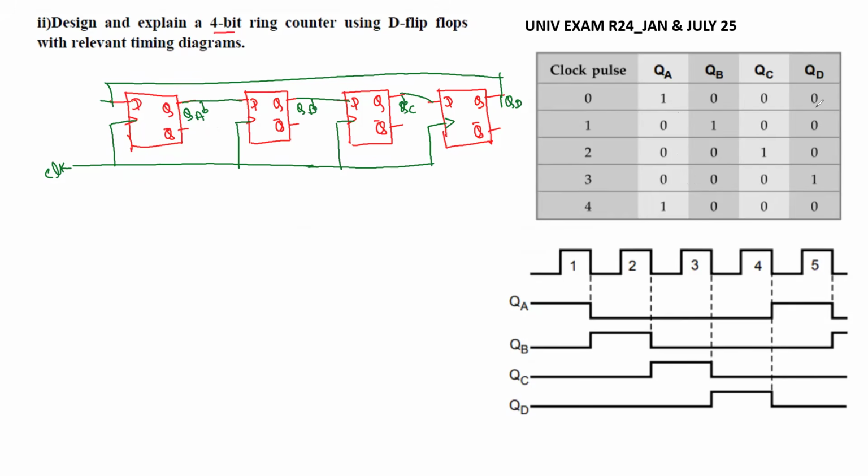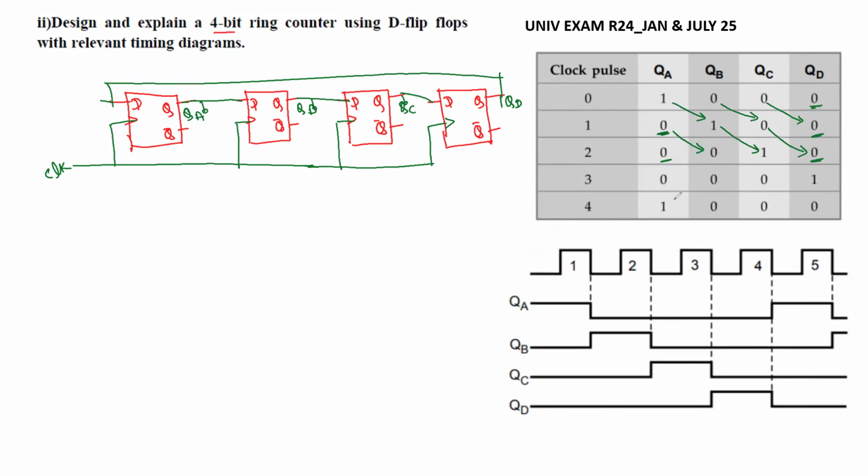Now see that QD becomes the input to the first one. That's why this came here and these are shifted. Whenever a clock pulse comes, it is shifted. Again, this 0 comes here and these shift from previous to next.